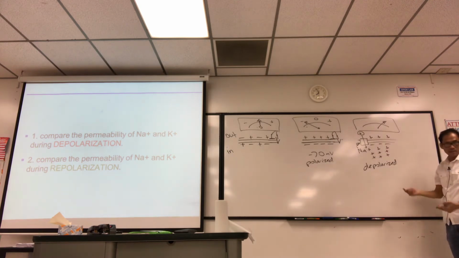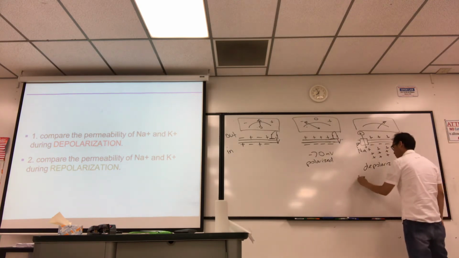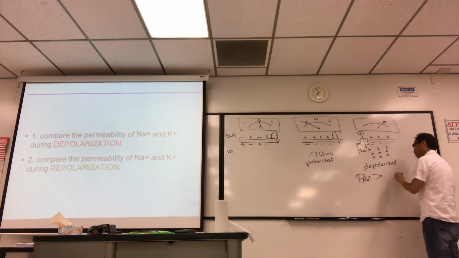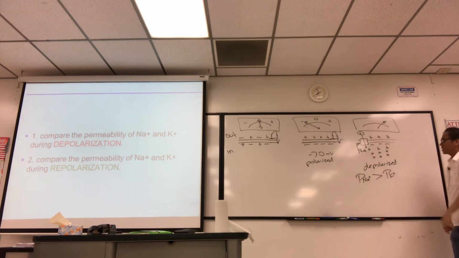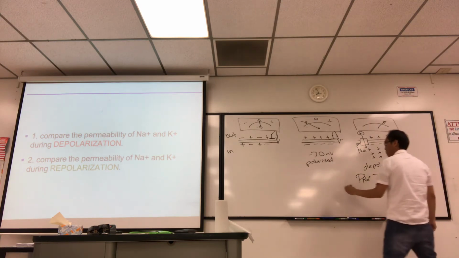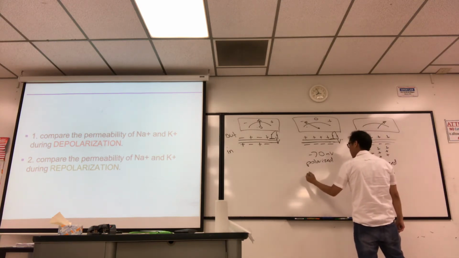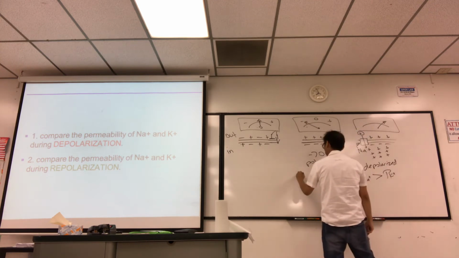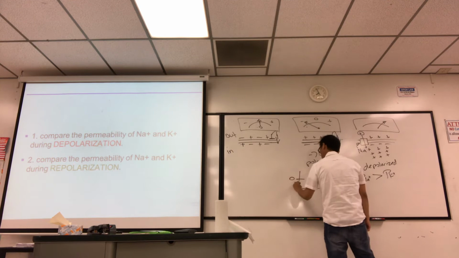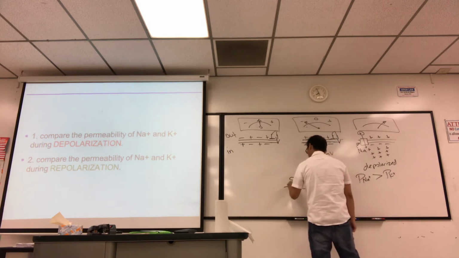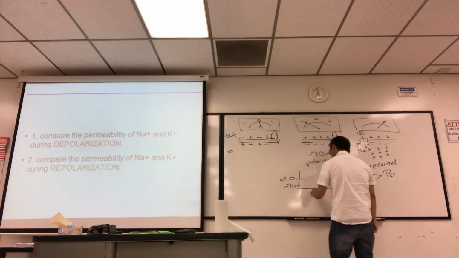What we would say is the permeability of the cell to sodium is much greater than the permeability of the cell to potassium at this time. Let me draw it over here. Here's 0. Here's -70 millivolts versus time.